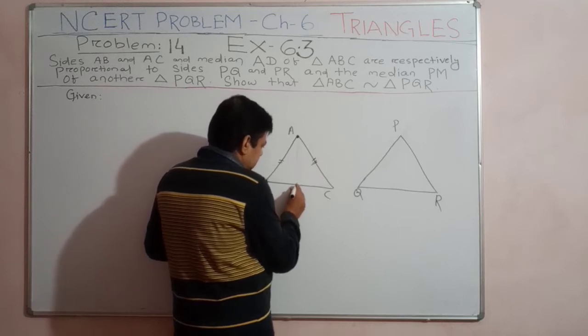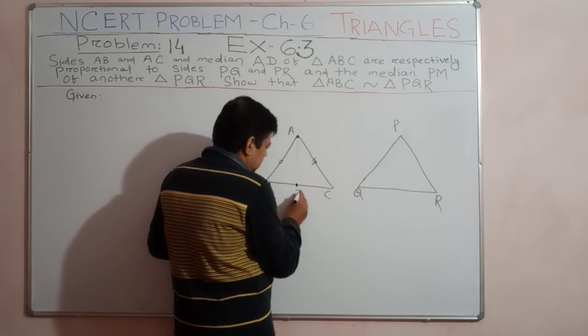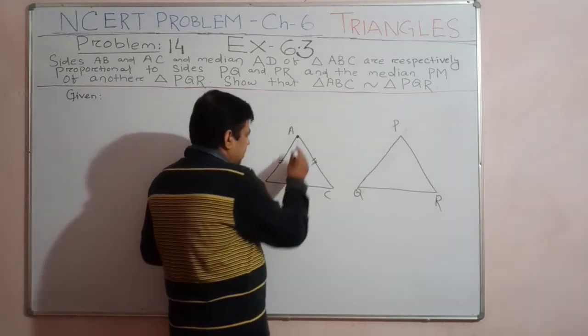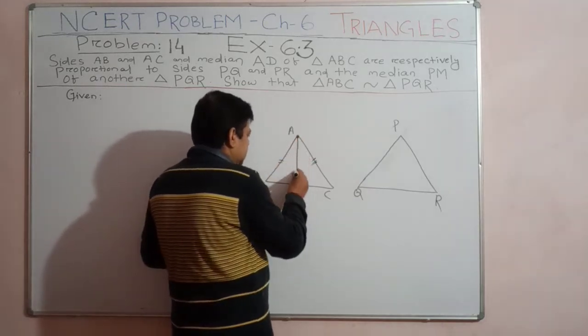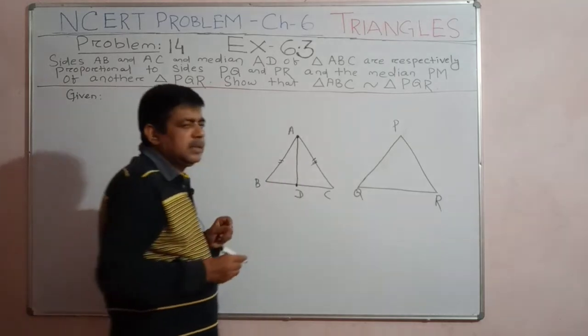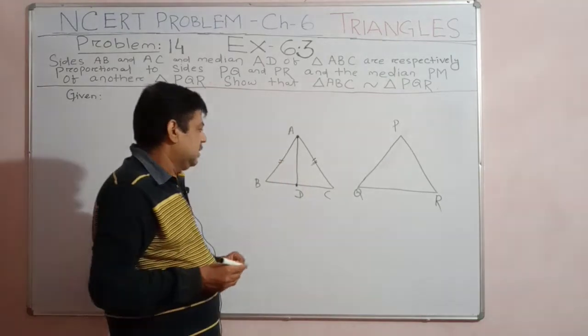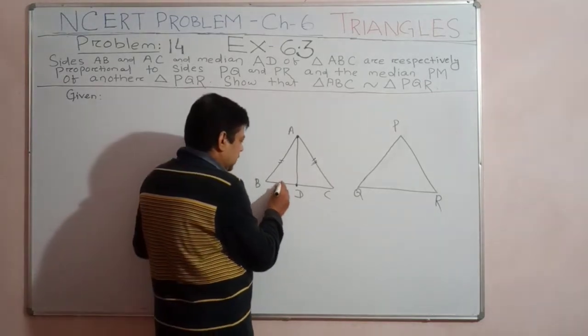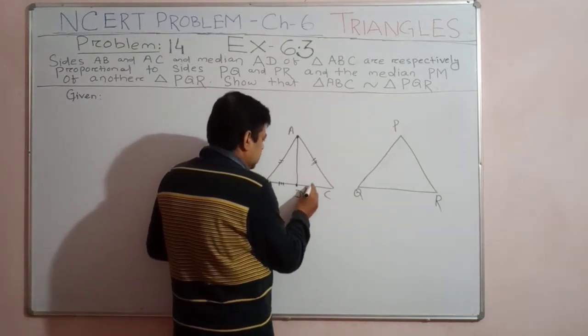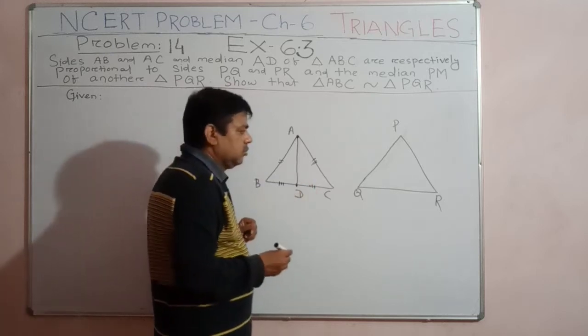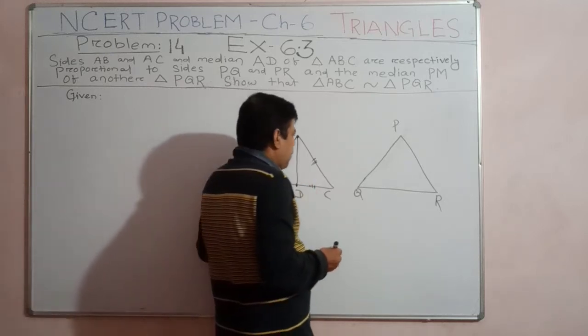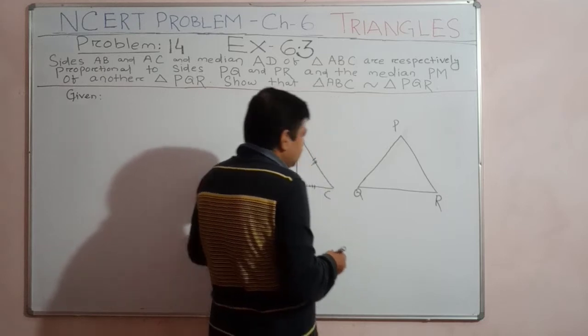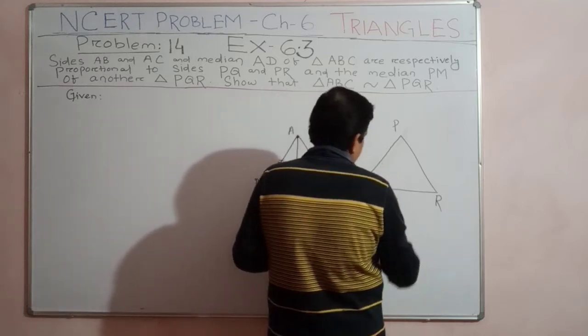Let D be the midpoint of side BC. Then we join the line segment AD. AD is the median through the vertex A. Since D is the midpoint of BC, we can clearly write BD is equal to CD. Yes or no?